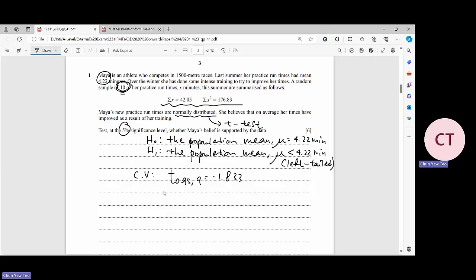Then we need to find the mean of the x. The mean of the x is 42.05 over 10. You get 4.205.